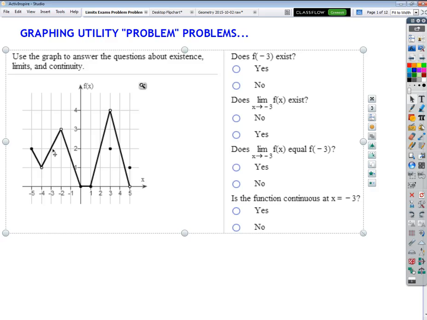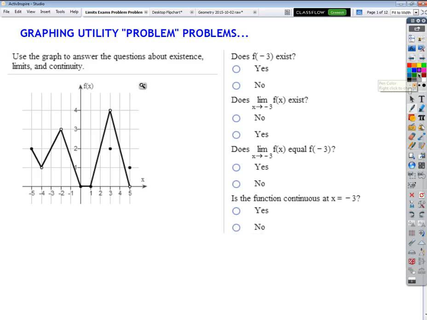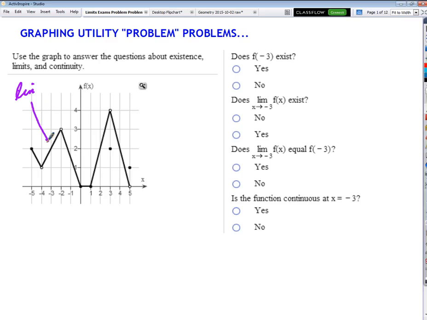Okay, very good. Does the limit of f of x as x approaches -3 equal the value of the function at -3? No. Yes. Wait, why? Let me draw a picture here. The limit is right there, right?